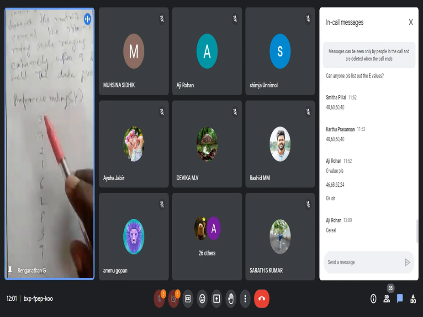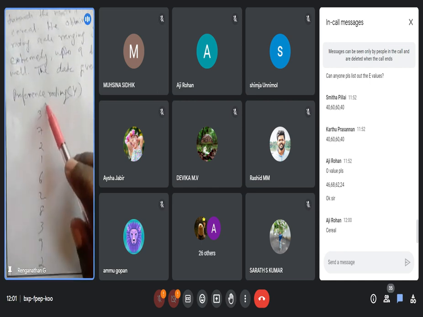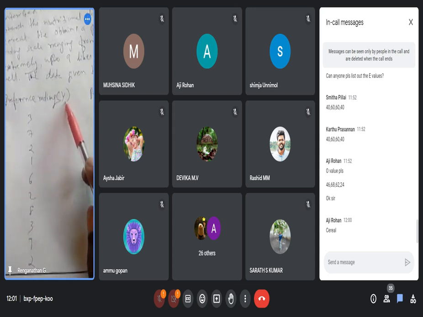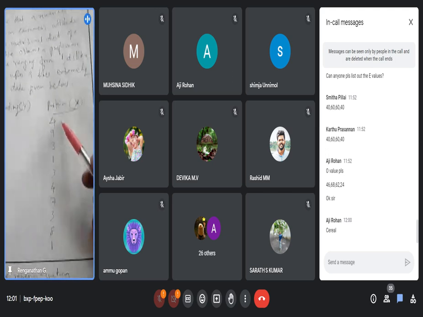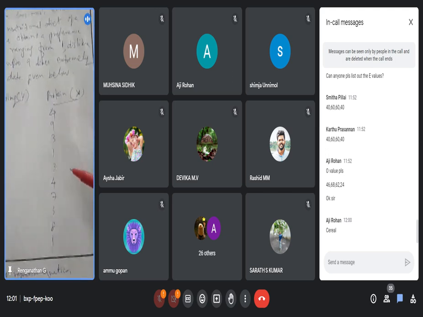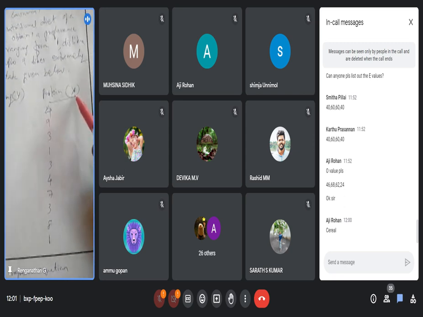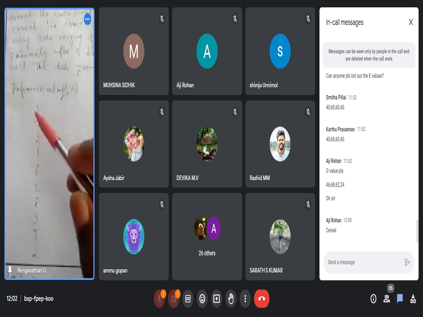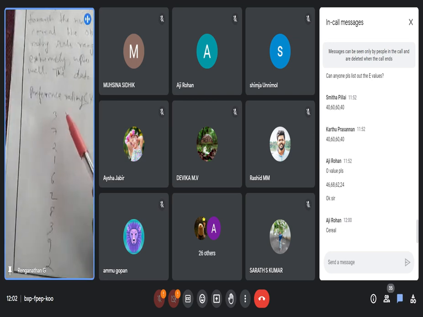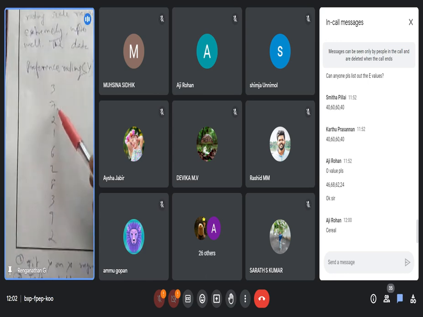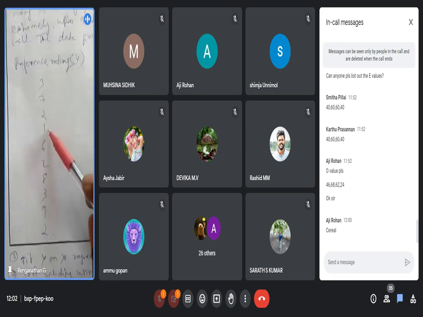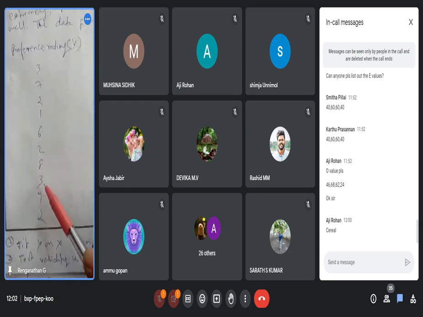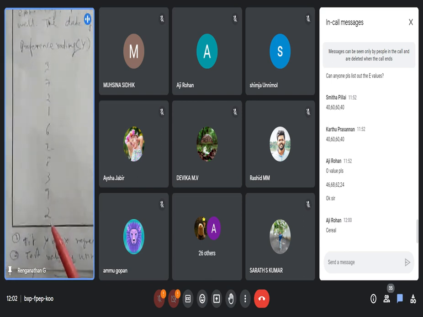Look at the screen. You can see the data, but I am reading it. Two columns are there. One is preference rating, denoted here as Y in the question, and protein, because nutritional value is explained here as protein, which is X. The first column is Y and the next column is X. The preference rating Y is given like this: 3, 7, 2, 1, 6, 2, 8, 3, 9, 2.